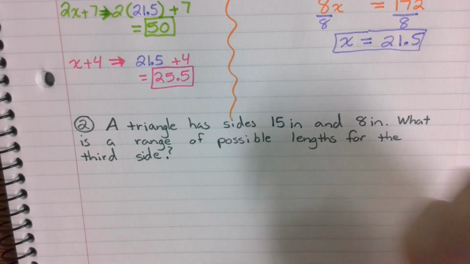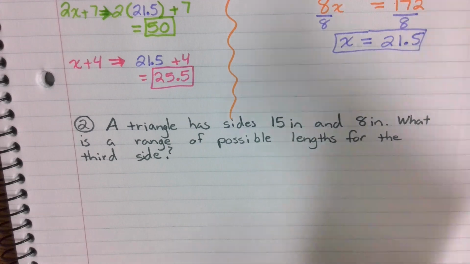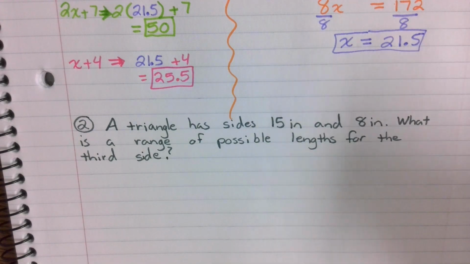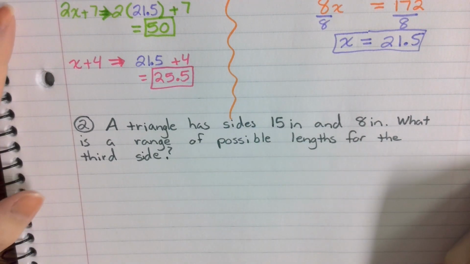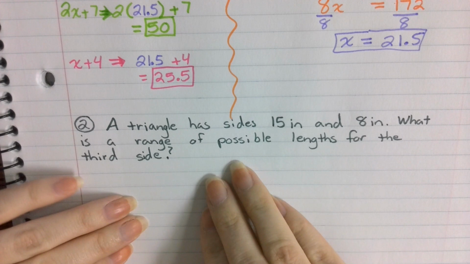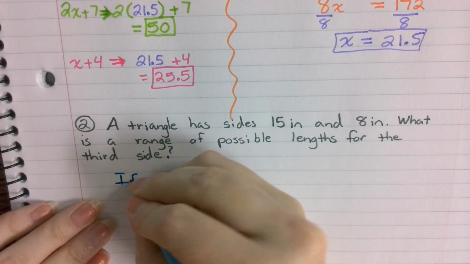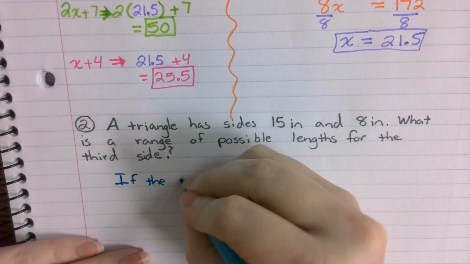So what you have to do is think about what's the smallest number it possibly could be to what's the largest number it could possibly be. So in order to figure out the smallest number, you have to think about it as one of the small sides.